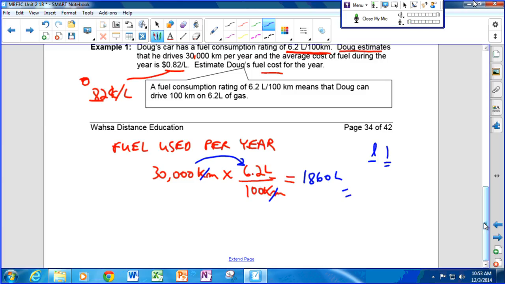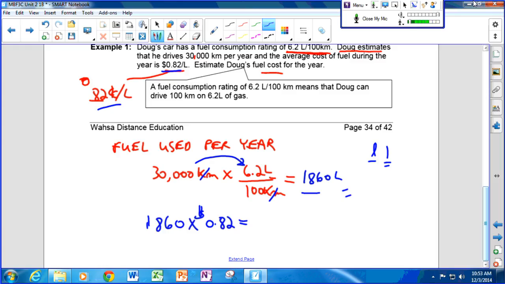So we've gotten this far. We have to do one more thing, and then that'll be it for today. We have to then find out how much it's going to cost. So now we have 1,860 liters, and his price is 82 cents a liter. So let's do it. That's 1,860 times 0.82. Now we didn't have to change that into dollars, but we should have if it was given to us in cents, because otherwise we'd end up with a certain number of cents, which is not what you want.